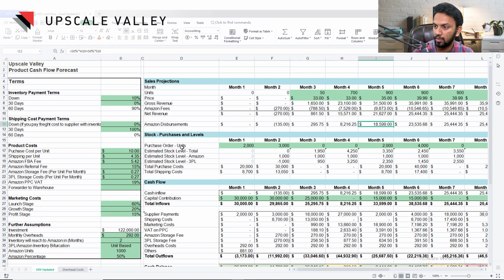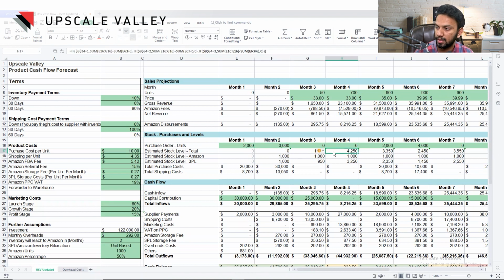So around the buffer stock, this stock section, the purchase and levels, this is what the purchase inventory level is. Let's say we have purchased 2000 units in the first month, and we have set up here that inventory will reach Amazon in 2 months, so it will start appearing in this month, and then this 3000 will start appearing here.